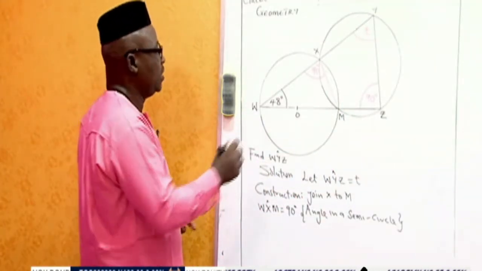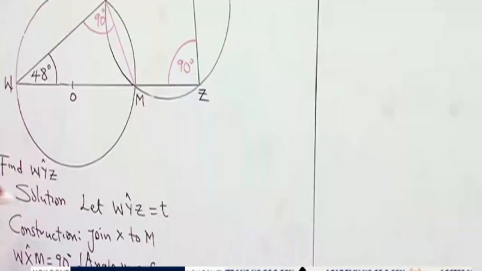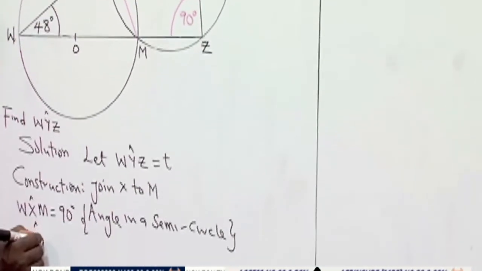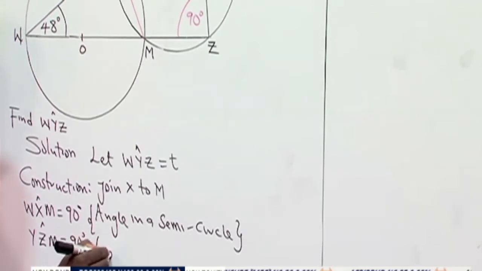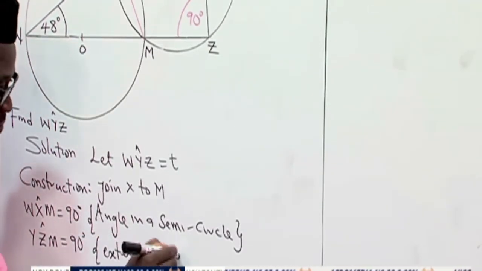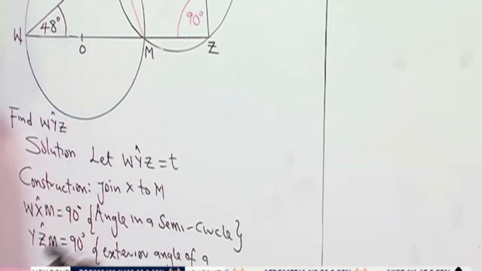So at this point, I'm going to write the reason for this. That is angle YZM is going to be 90. Reason, exterior angle of a cyclic quadrilateral.